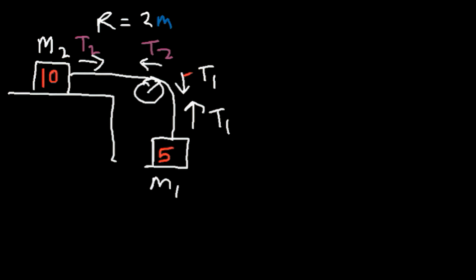T2 causes the pulley to rotate towards the left, or in the counterclockwise direction. But because the entire system is moving towards the right, that means that the net torque on the pulley has to be in a clockwise direction, which means that T1 has to be greater than T2 because the whole system is moving this way.